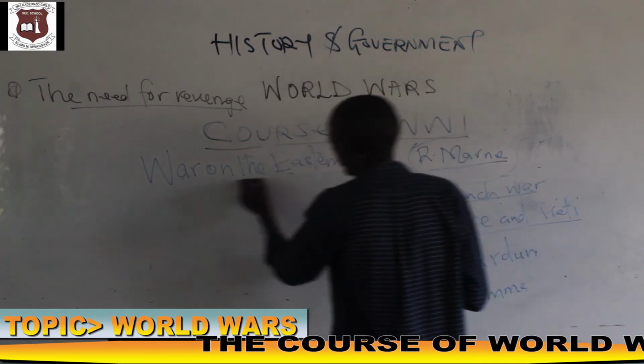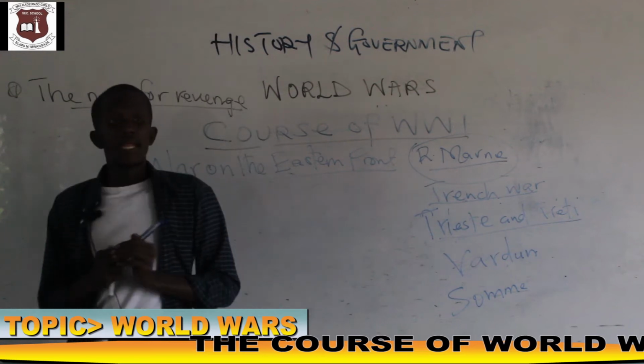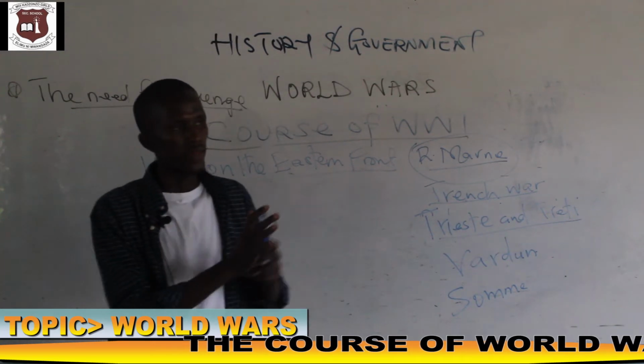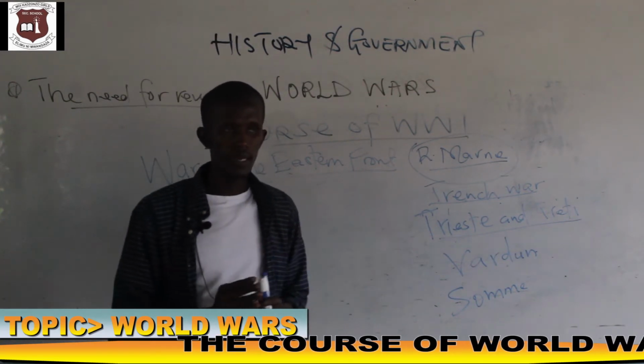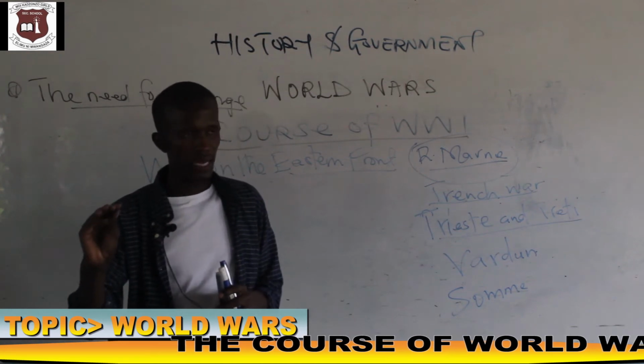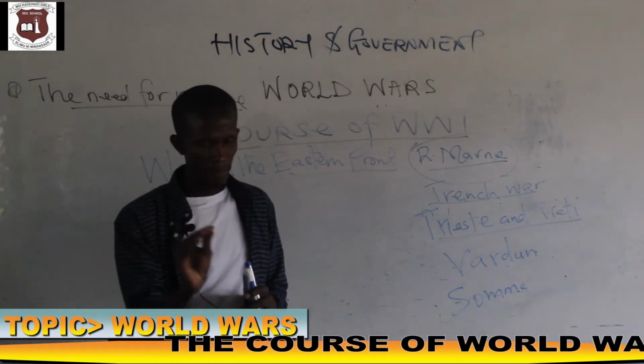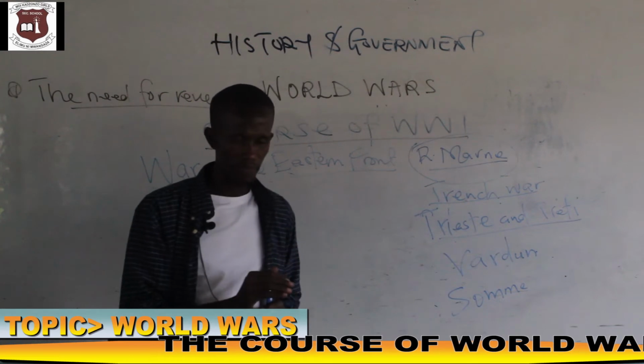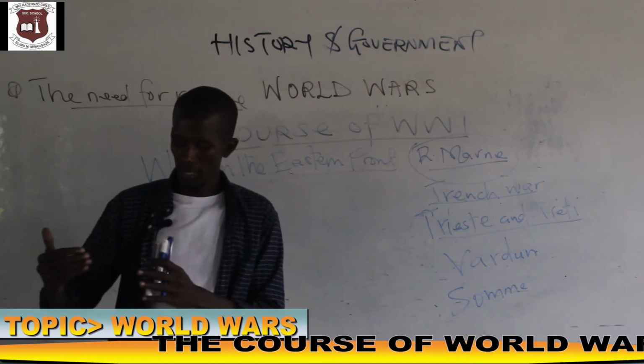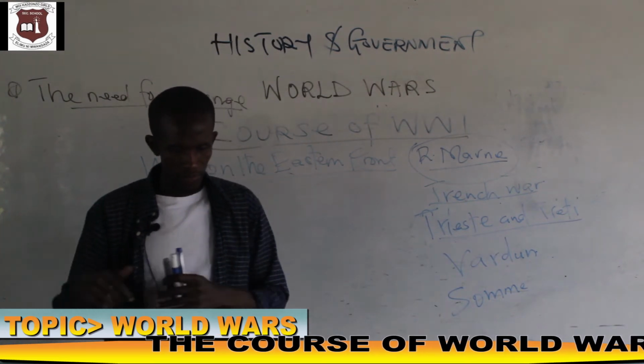Now, the Russians mobilized their forces quickly and attacked Austria and Germany at the same time. That is the war that took place on the Eastern Front.